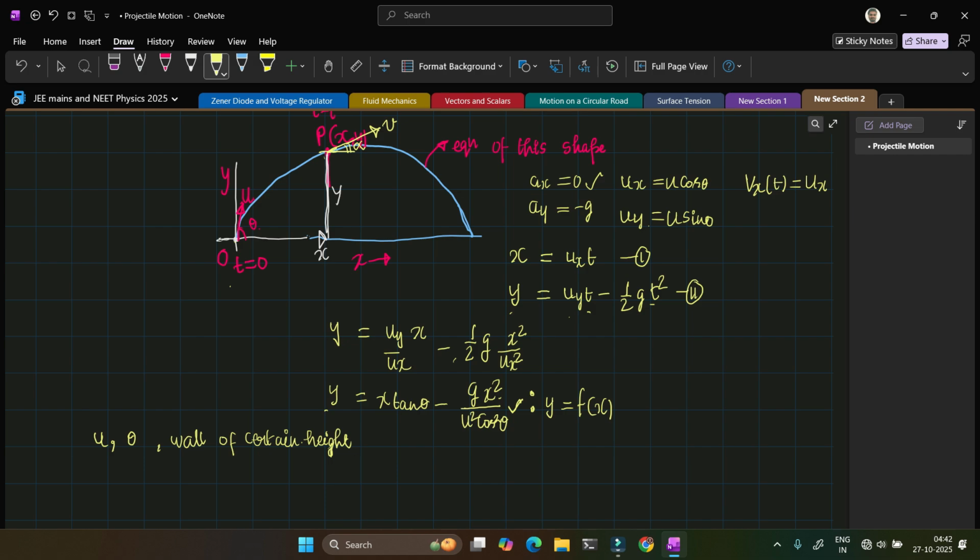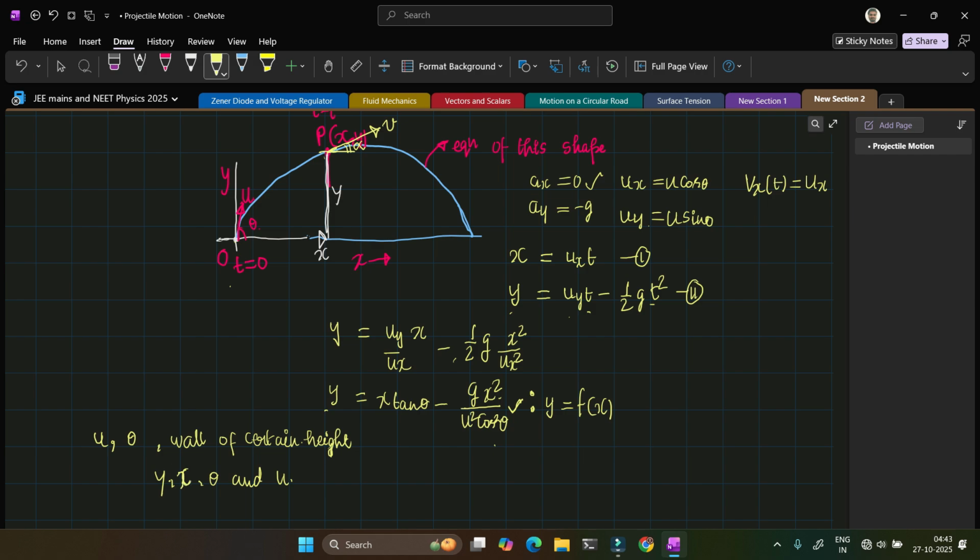The four quantities y, x, theta and u are related by this equation, so any three can be given and the fourth can be asked.